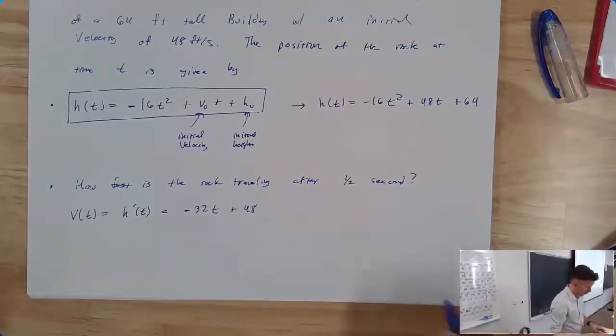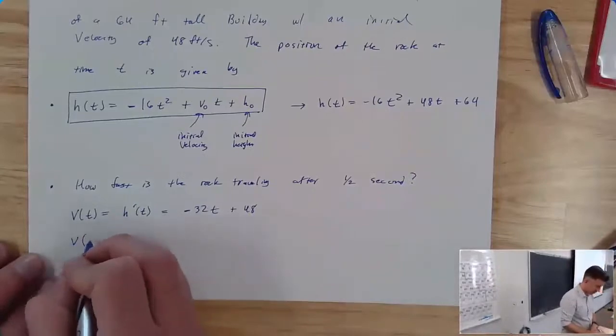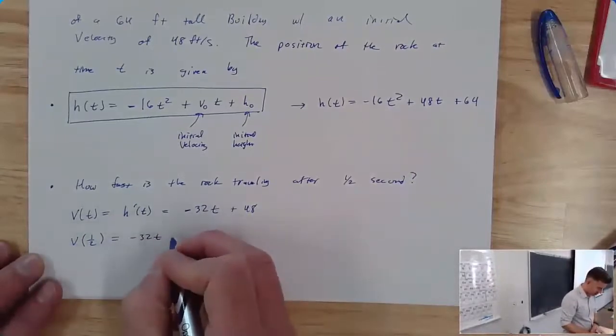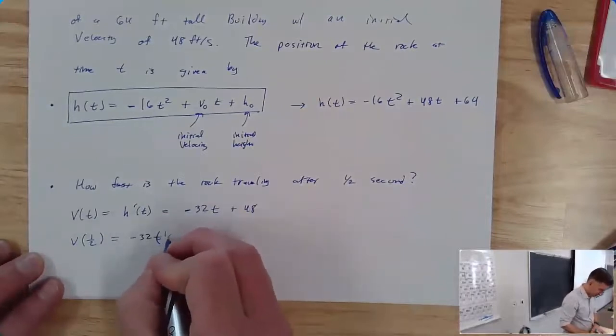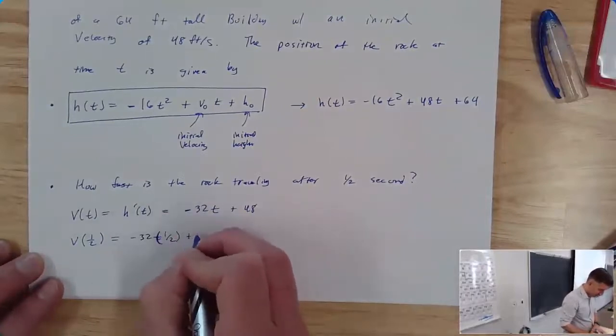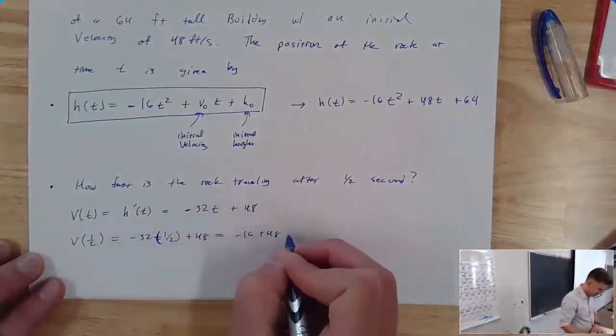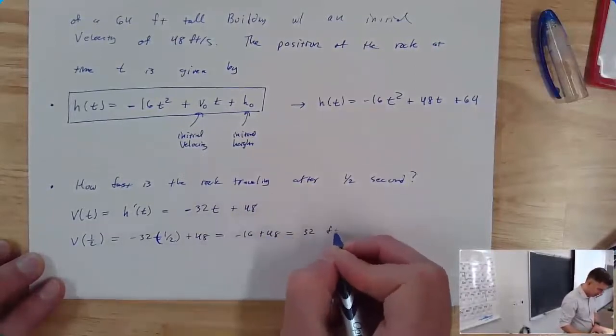So to answer this particular question, we're just going to plug in 1/2 and get negative 32 times 1/2 plus 48, which is negative 16 plus 48, which is 32 feet per second.